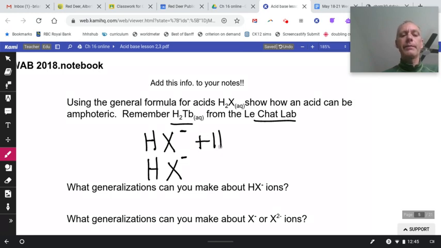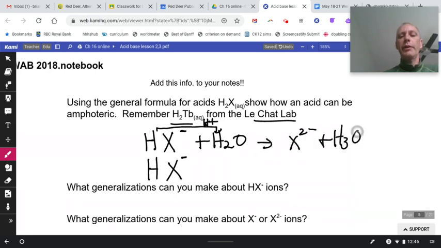So in water or any other substance, it can donate a proton, forming X2- and hydronium. That's what makes it an acid. In water or any other compound, it can also accept because it's got a minus. It will attract a proton.